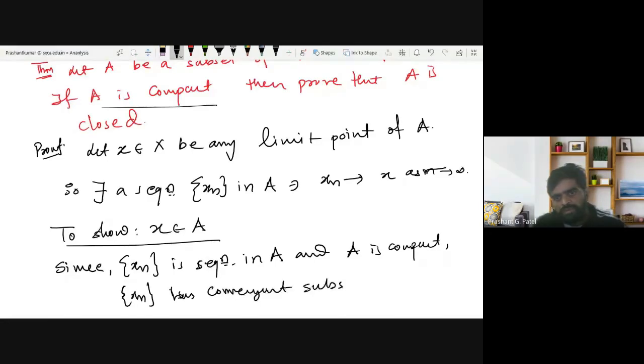Subsequence in A. This is very important. The subsequence is there, but that subsequence has to be in A. And since xn is itself a convergent sequence, the subsequence also converges to the same point. If a sequence xn is convergent and its subsequence is also convergent, then the sequence automatically converges to the same point.